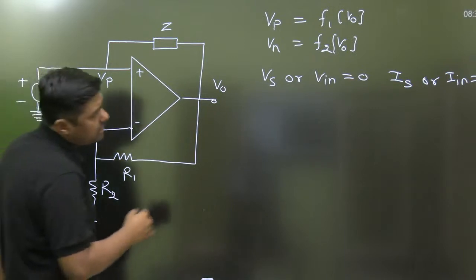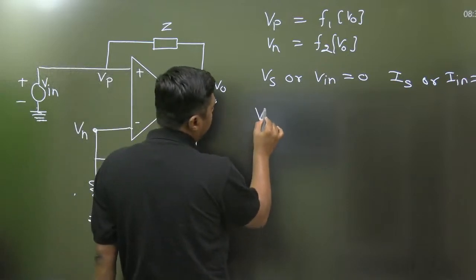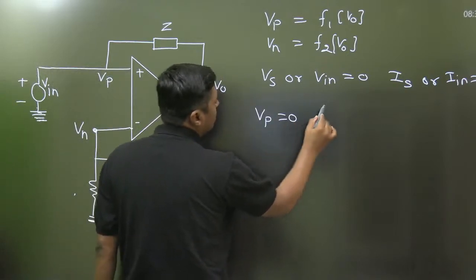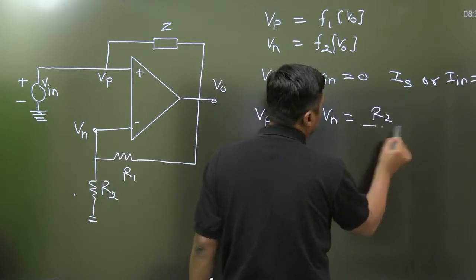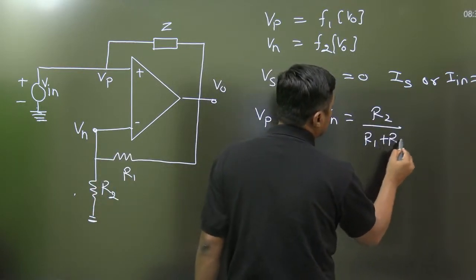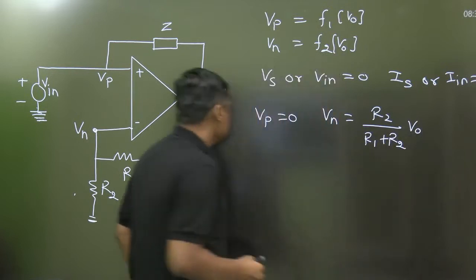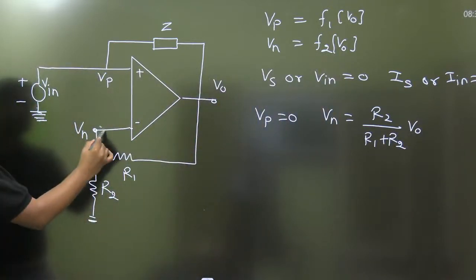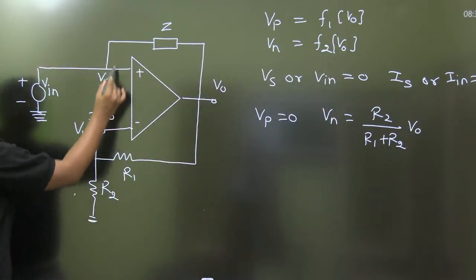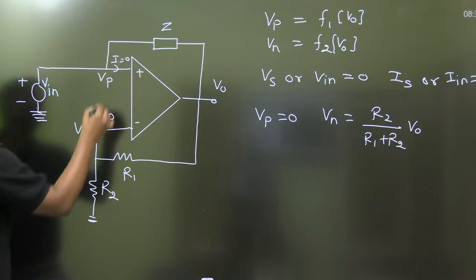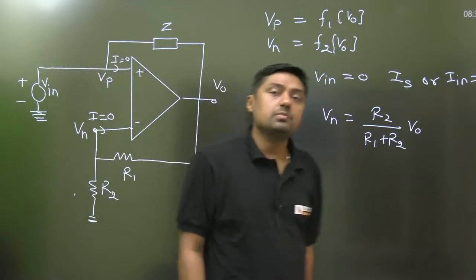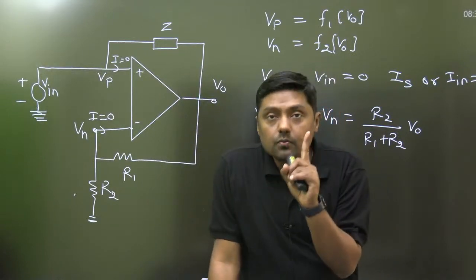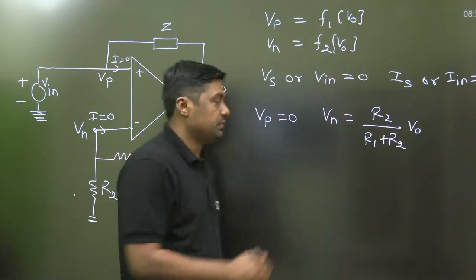So when Vin is equal to 0, Vp is equal to 0, and Vn is equal to R2 upon R1 plus R2 into V0. Simple voltage division rule. Why? Because the current entering here is 0, and the current entering here is 0. And that's why it is visible that Vn is greater than V0.